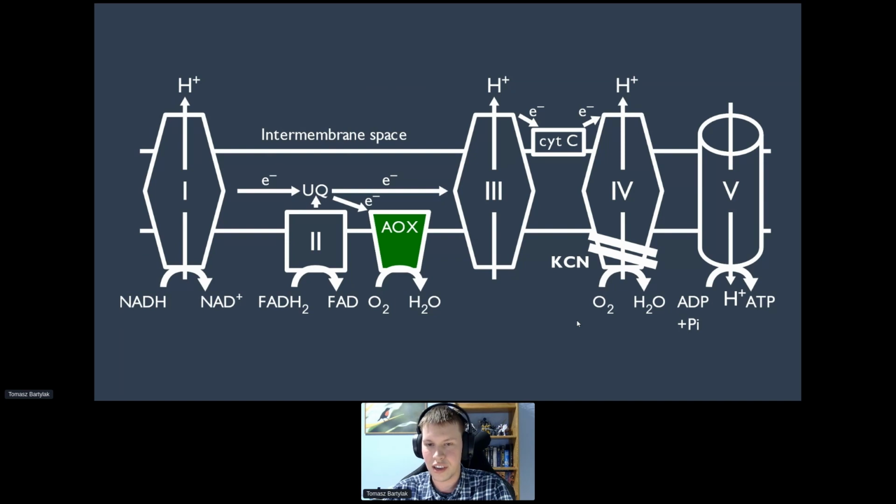This is this component in green as a part of the respiratory chain, which, to shorten it to its digestible explanation, serves as a bypass. Essentially, when this fourth complex becomes blocked by cyanide, this AOX complex is taking up its role, and therefore the cell can function normally, or at least somewhat normally, in comparison to cells that lack it and would be simply dead.